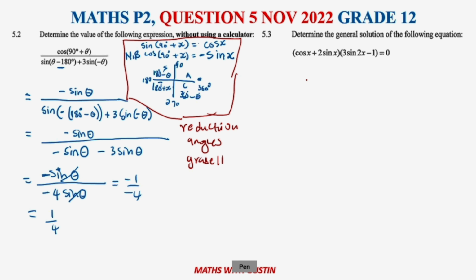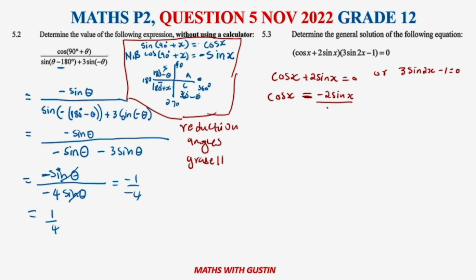Okay, so we are going to have two solutions here. Let's say cos x plus 2 sine x is equal to 0, or 3 sine 2x minus 1 is equal to 0. Now we're going to start this side and then solve for x from this side. I am going to take the sine to that side, so cos x is equal to minus 2 sine x.